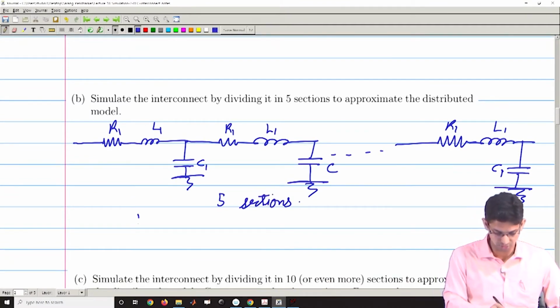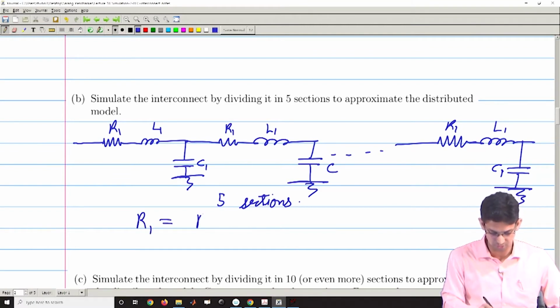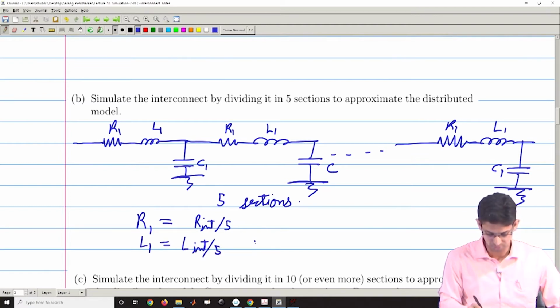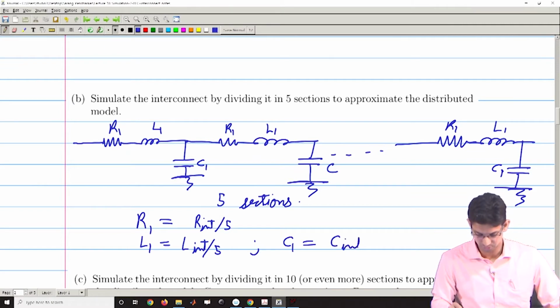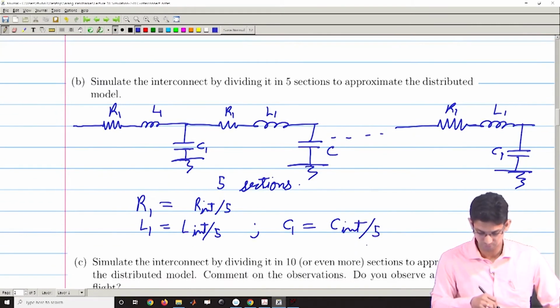Right. So, the resistance of each one is R interconnect divided by 5, L1 is L interconnect divided by 5, and C1 is C interconnect divided by 5.